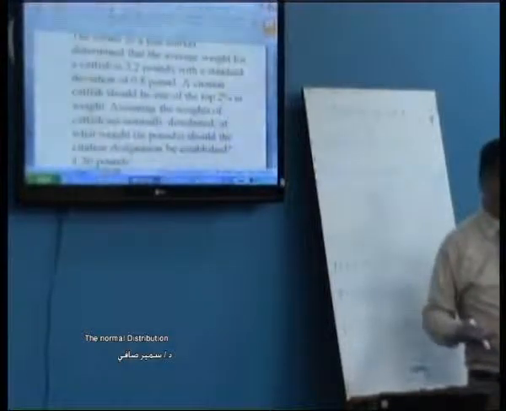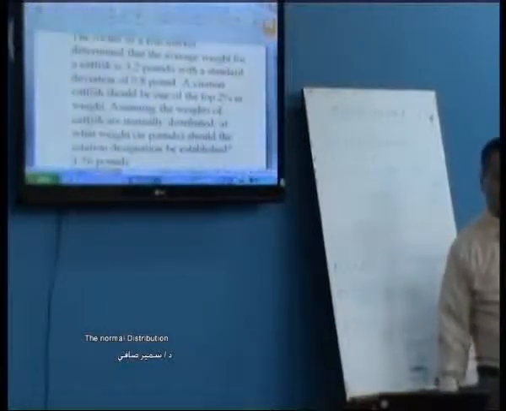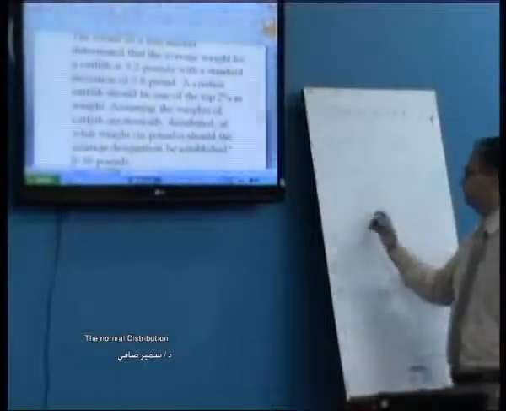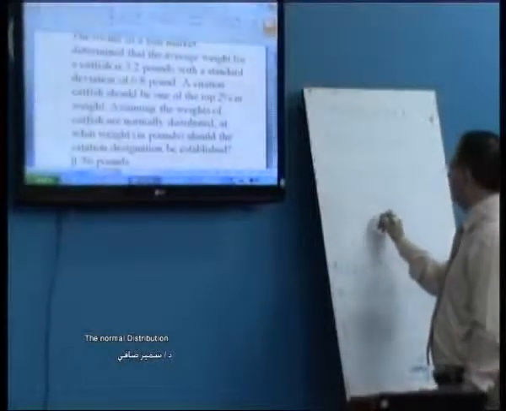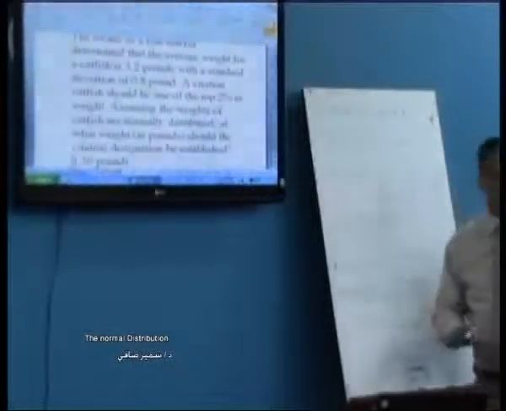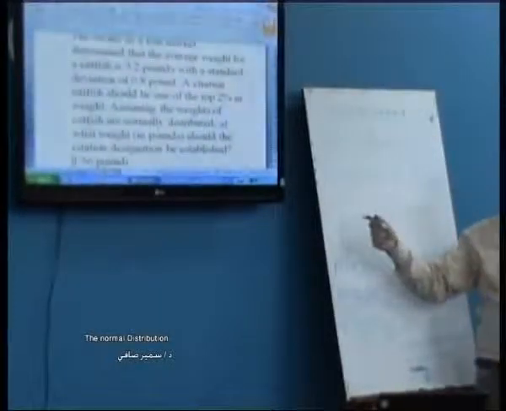So again, we have to look at the normal table, but backward, because this value is given. If the probability is given, we have to look inside the body of the table in order to find the z-score. Then we can use x equals mu plus z sigma in order to find the corresponding value of x.